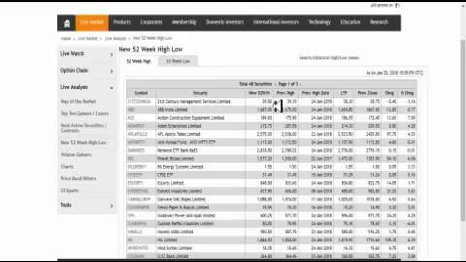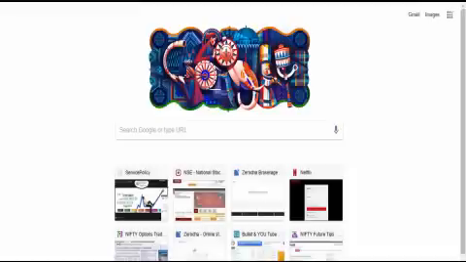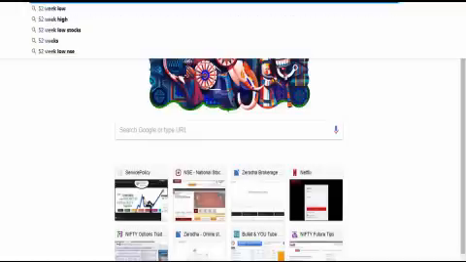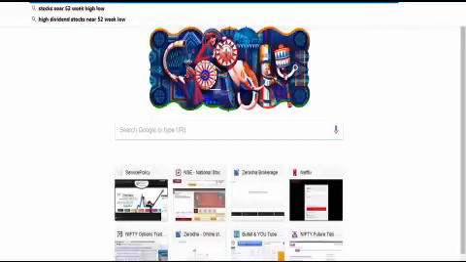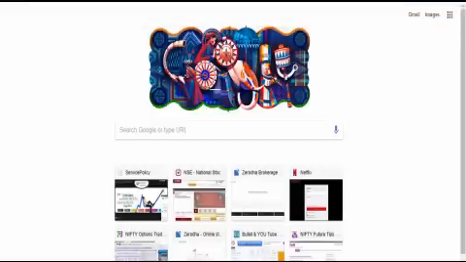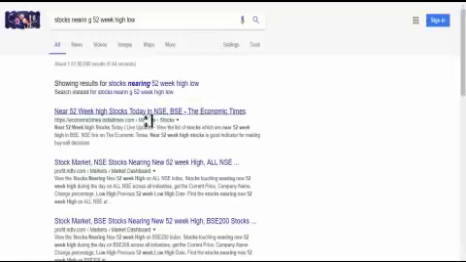But the best way to do it is to open your browser and type stocks nearing 52-week high low, and you will find Economic Times on top of the page.